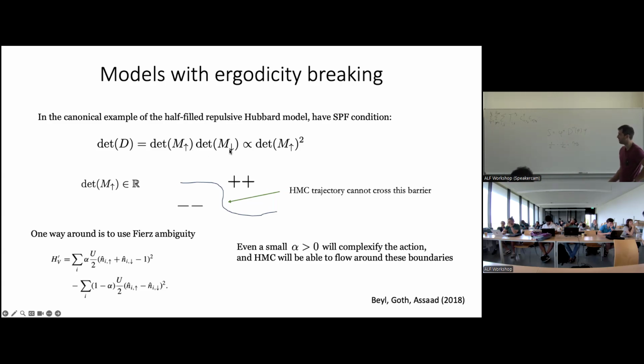When you complexify this action, this matrix becomes complex. Now your HMC trajectory is allowed to go around these boundaries. And even for a small alpha, it was observed that HMC will indeed restore ergodicity. So this is one way for a specific model to get around this.